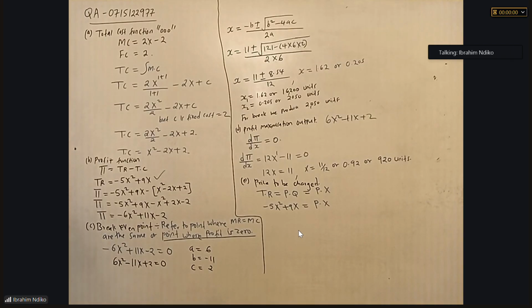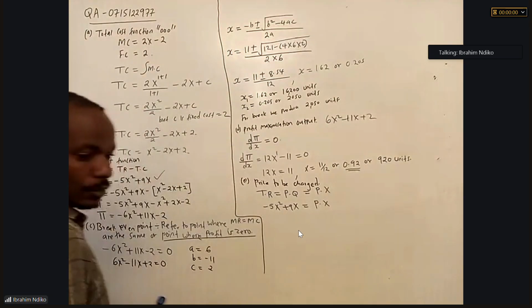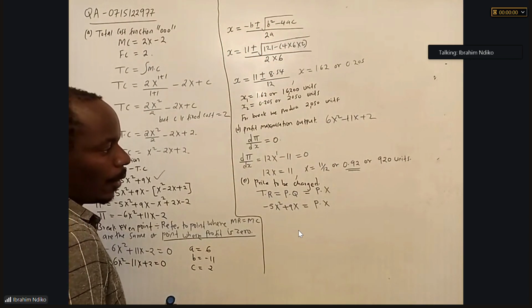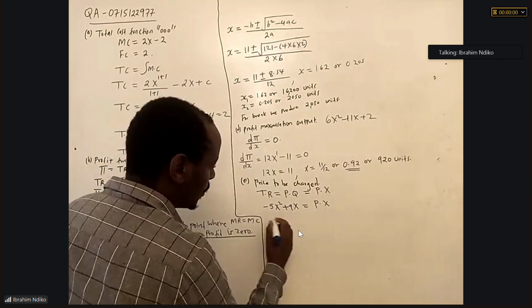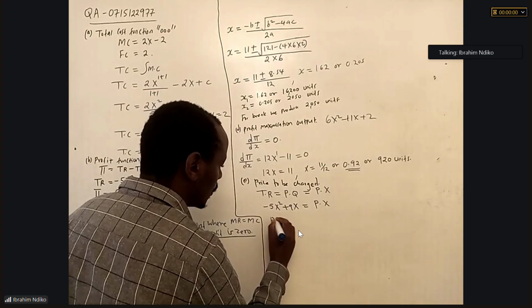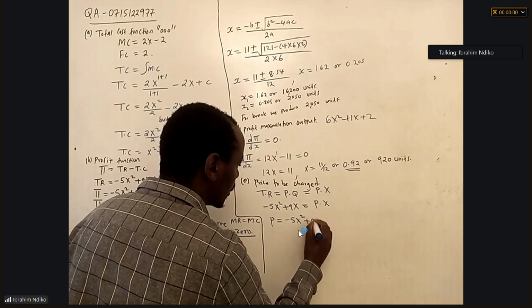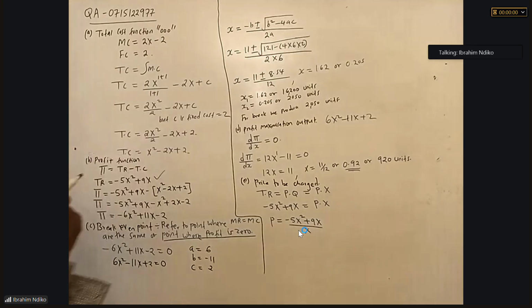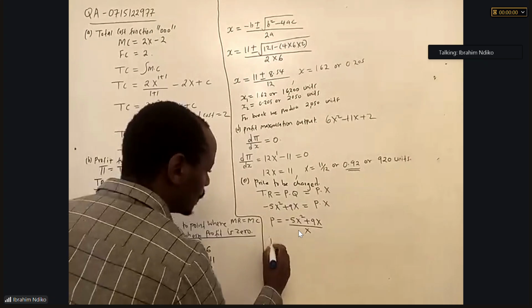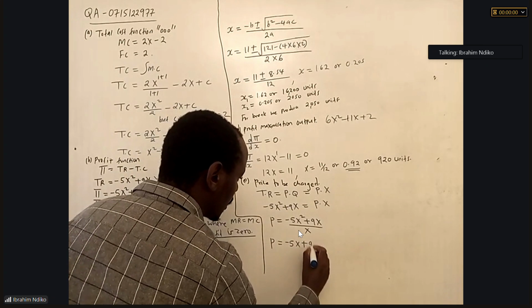But we know our quantity, our x, is 0.92. So we can say price is equal to minus 5x squared plus 9x divided by x, so that we find P. The meaning, P is equal to minus 5x plus 9.